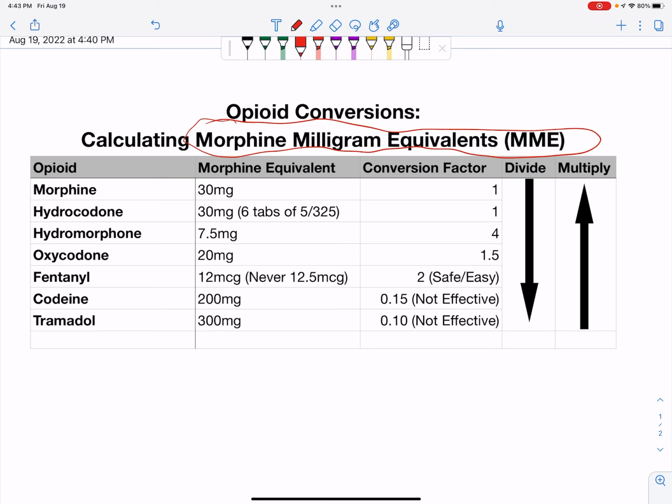If you'll look, I have the opioid name over here, and then I have that morphine equivalent. Each one of these medications here is equal to 30 milligrams of morphine.